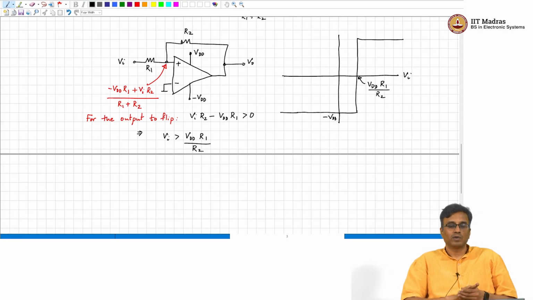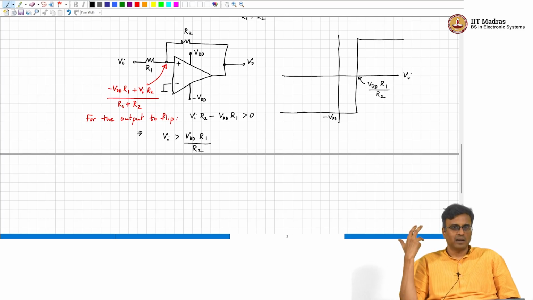Now, when R2 tends to infinity, what should the threshold tend to? If R2 tends to infinity, what do you expect without doing any of this math? What do you expect the threshold to be? 0, right?